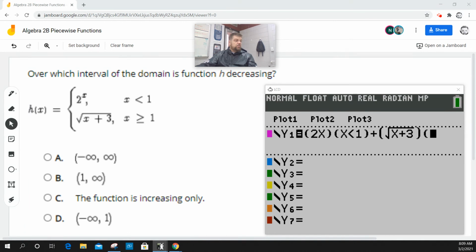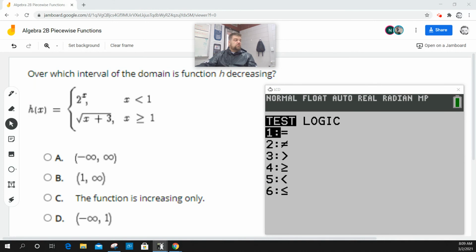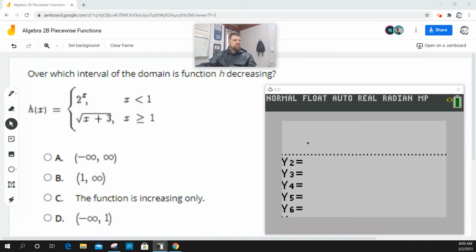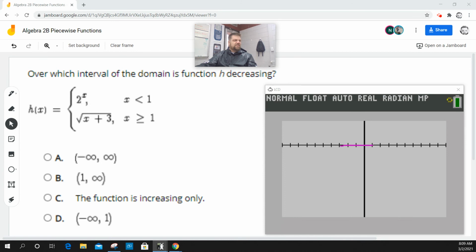Close parentheses, open parentheses, x, second math, which pulls up my test menu. And now I'm going to say greater than or equal to 1, close parentheses. I might have to zoom in or out. I've been doing some crazy graphs lately.